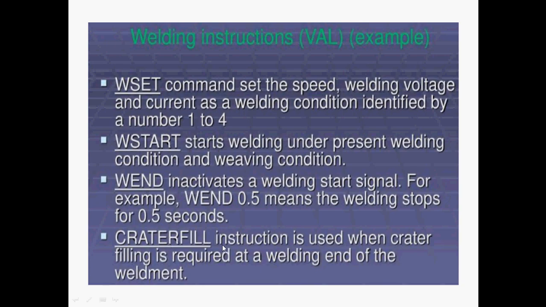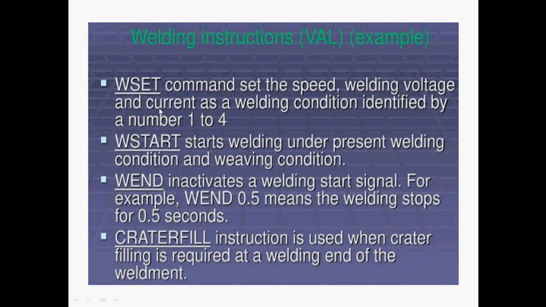In character fill, the instruction is used where character filling is required. Whenever two different components are there, their melting points are also different. In this case we use the character fill command, and then we can fill in the filler content, and then welding will be done. So the weldment is done by this action of character fill.